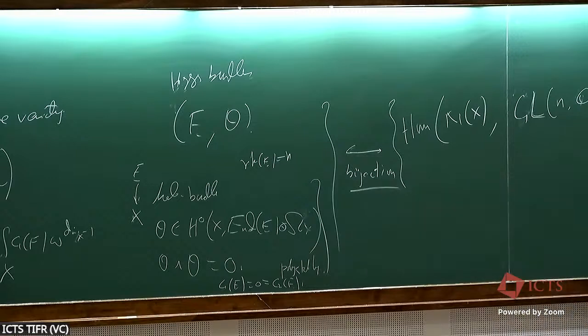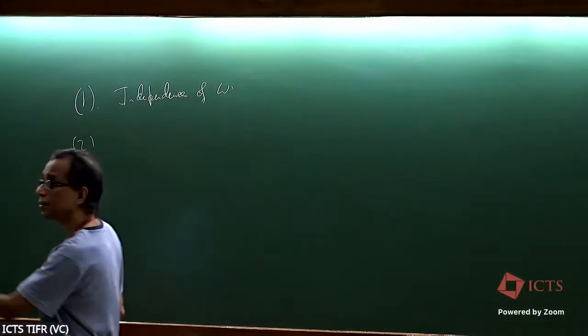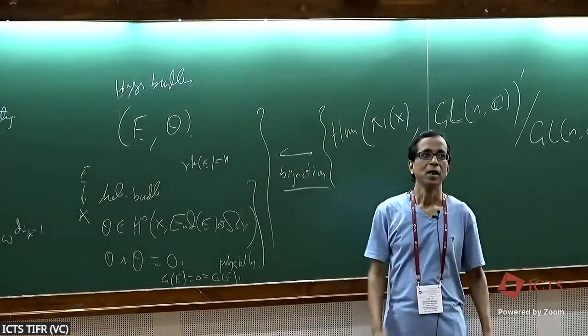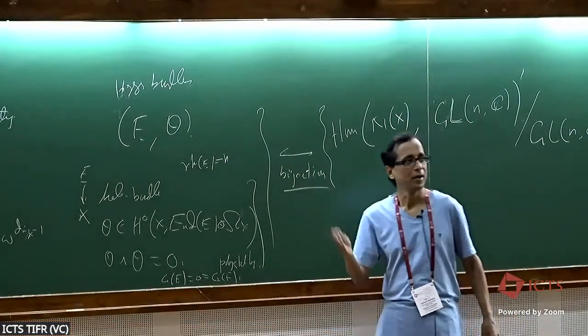Next thing is independence of omega, which is equally important. X is a smooth projective variety, so it has many complex submanifolds. Smooth projective means it is embeddable in some projective space, and then by general hyperplane sections you can lower the dimension and keep going.